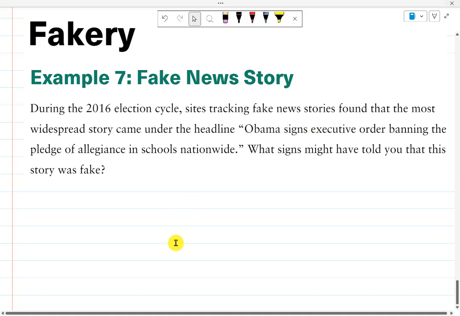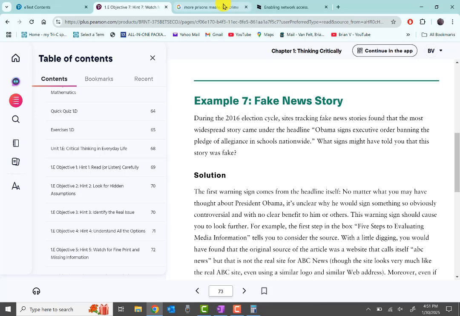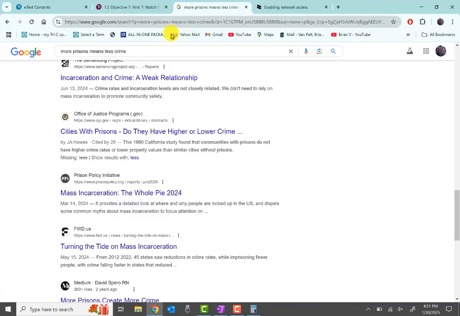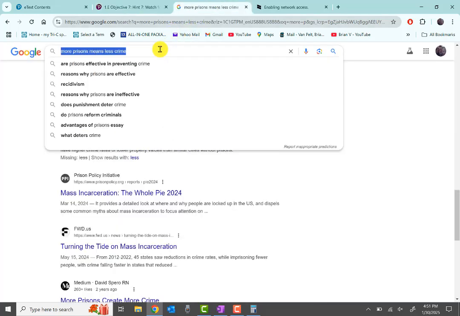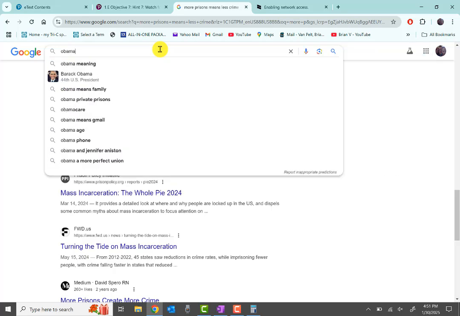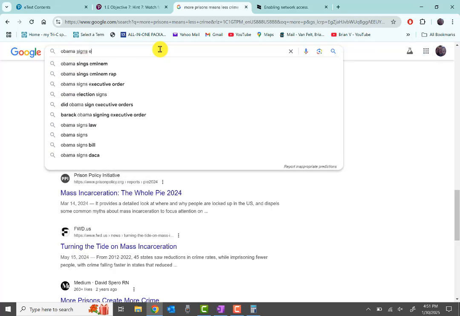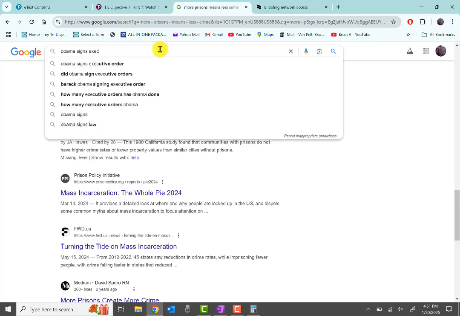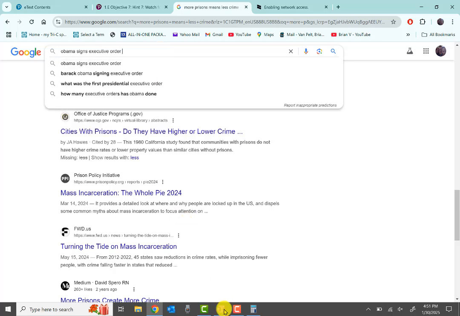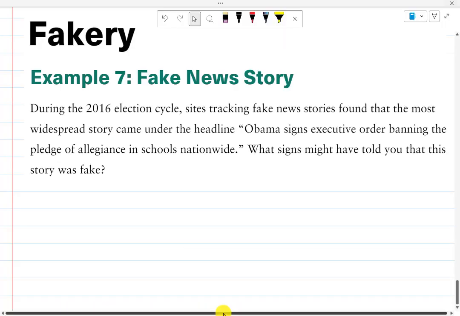I'm going to copy Obama signs executive order. So let's see what happens when I go on the internet and look it up. So come over here. Obama signs executive order. Let's see what else we have in here. I want to get it exact.